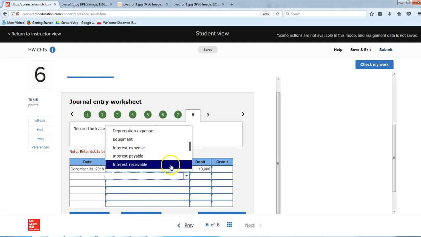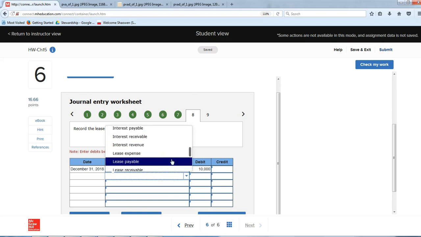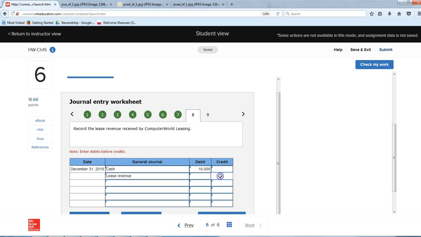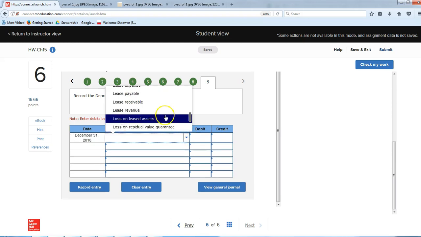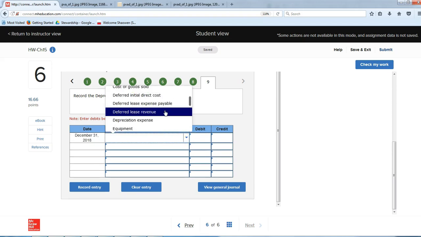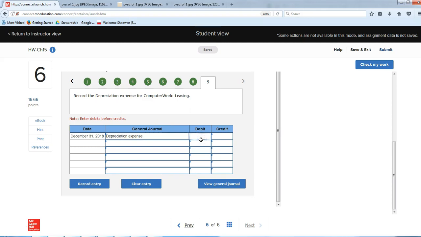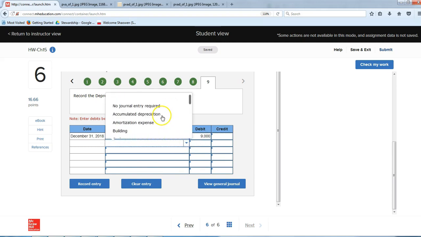So we have rental lease revenue for $10,000 again. And then depreciation for 6 months is still the same. Depreciation expense, we calculated before. Accumulated depreciation.